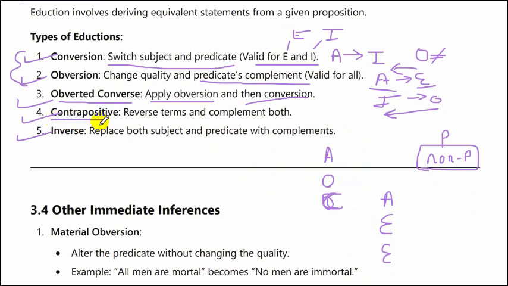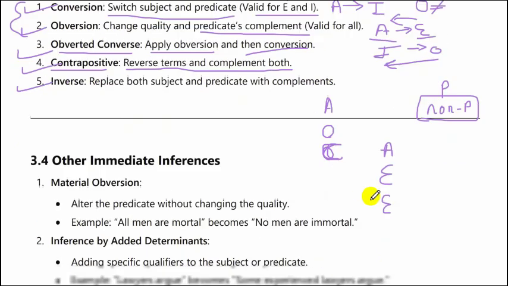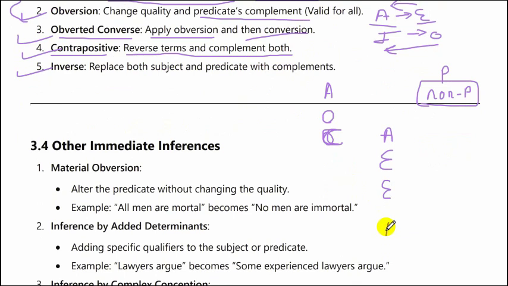Contrapositive. In contrapositive, we reverse the terms and complement both. For example, all A are P. We reverse the terms, so all P are A, but now we complement both subject and predicate.